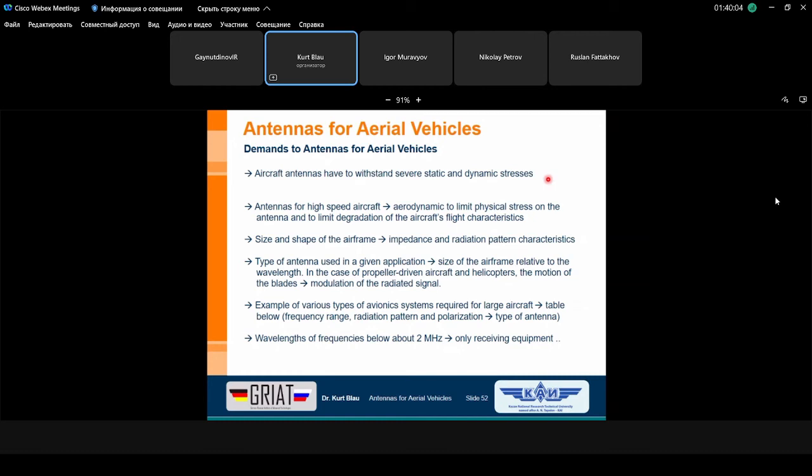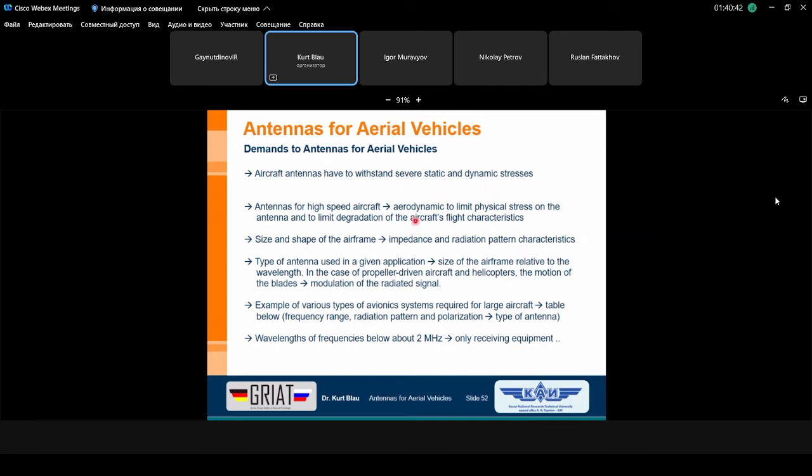This is a very high speed compared with propeller aircraft 50 years ago. And then we have antennas for high-speed aircraft, meaning also military aircraft which fly at Mach 2, more than 2,300 kilometers per hour. It's clear there is very high stress on the antennas on one side, and on the other side we have aerodynamic limitations.